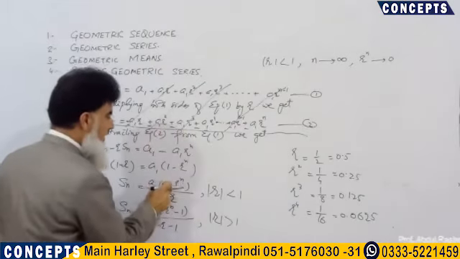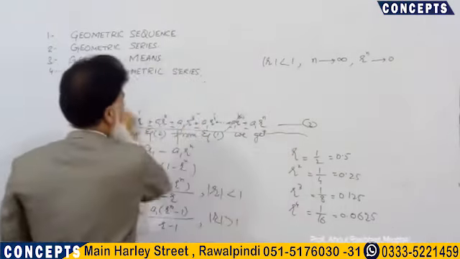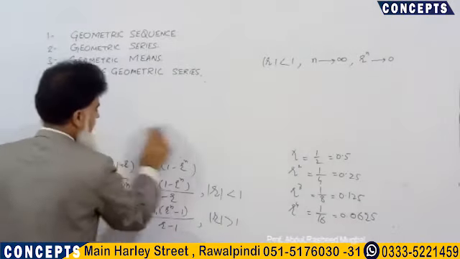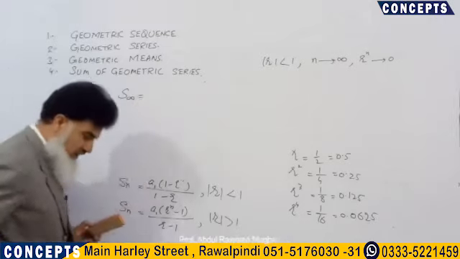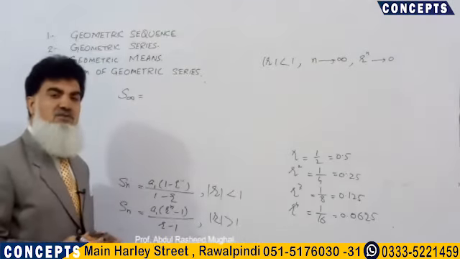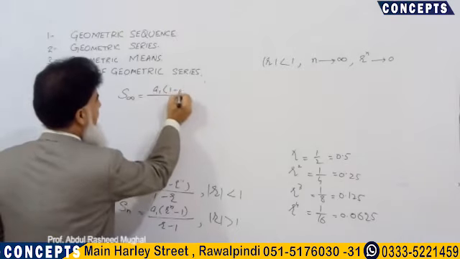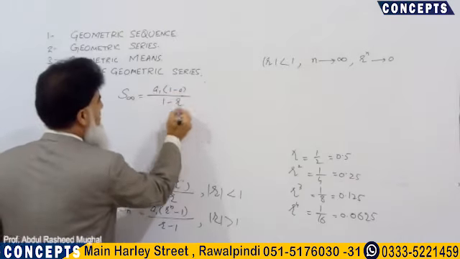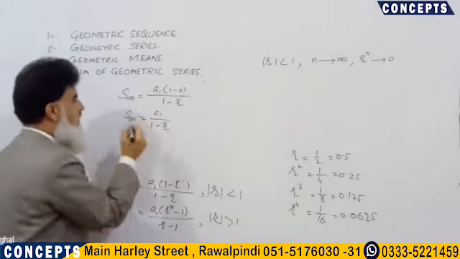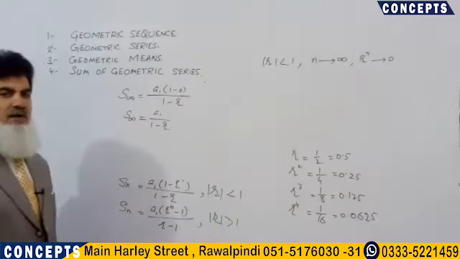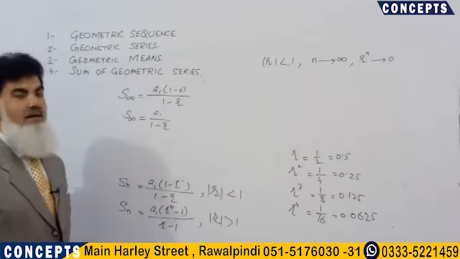Putting this value here, we get the formula for S infinity, the sum of an infinite geometric series: a1 times (1 minus 0) over 1 minus r, simply a1 over 1 minus r. This is the formula we use to find the sum of an infinite geometric series, provided r is less than 1.